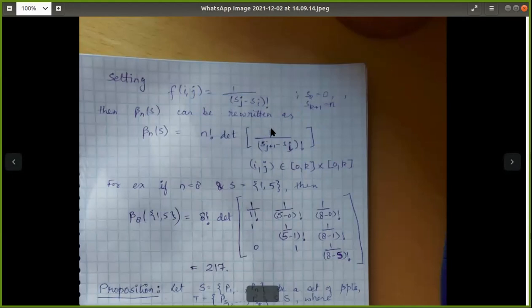Because you're taking the reciprocal of (S_j plus 1 minus S_i) factorial, which is F_i,j plus 1, correct? So entries of this particular matrix whose determinant you are to take is F of i, j plus 1. That gives its ijth entry, not the i, j plus 1th entry. So this is the point which I messed up last time.